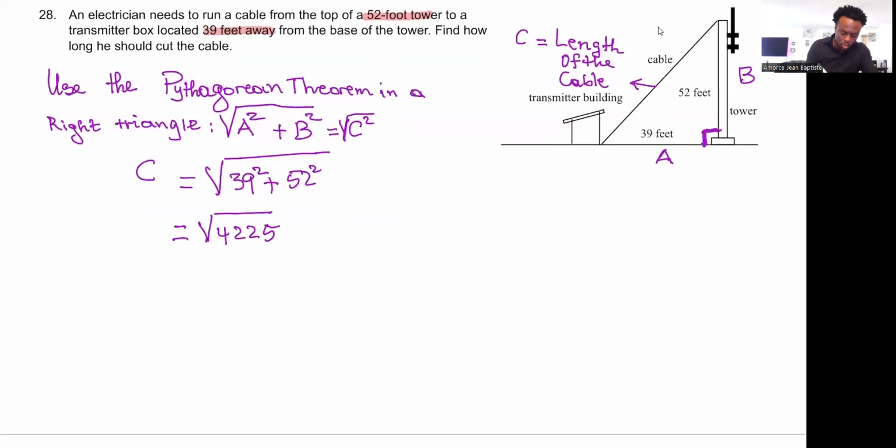And then the square root of 4,225 equals 65 feet.